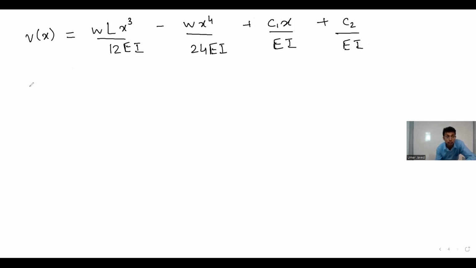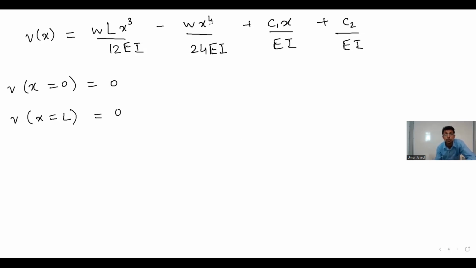And now boundary conditions: V at X equal to 0 is equal to 0, and V at X equal to L is equal to 0. What is the constant?